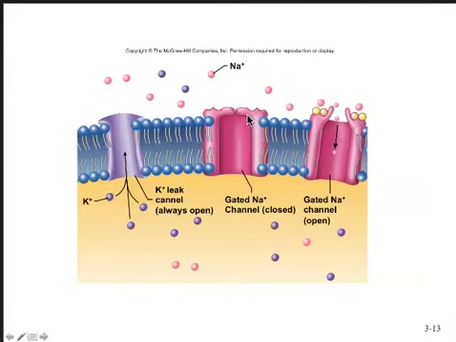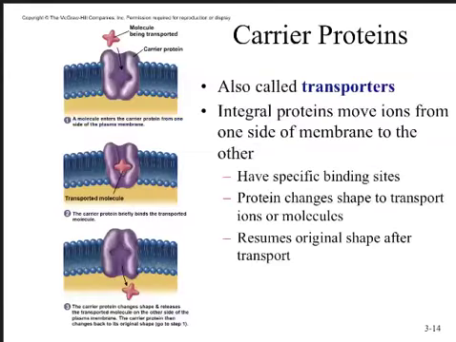In this case, the gated sodium channel is closed, and here is a ligand-gated sodium channel which has bound its ligand, has opened up, and now has allowed the sodium to flow down its concentration gradient from the outside of the cell to the inside of the cell. Okay, so those are all examples of a form of passive transport. They're all working with the concentration gradient to move the molecule either in or out of the cell.